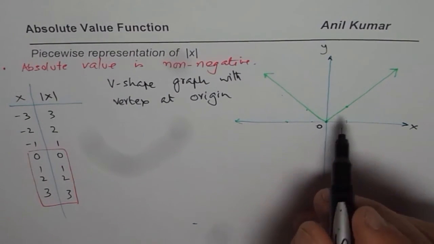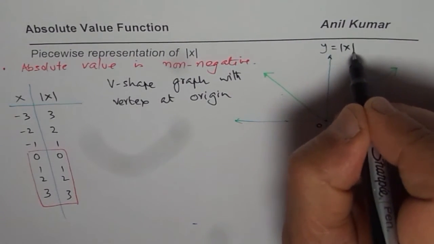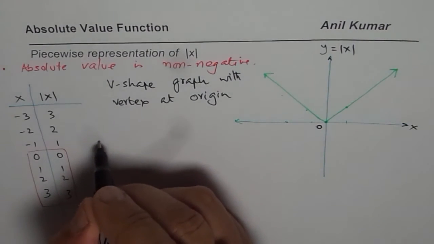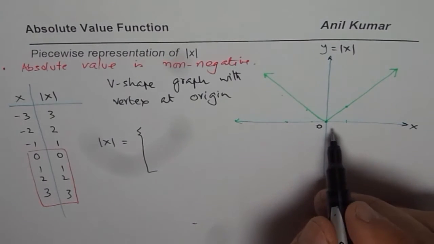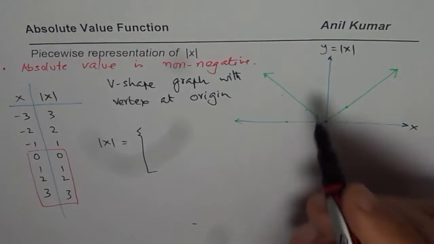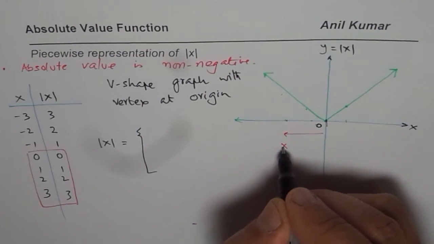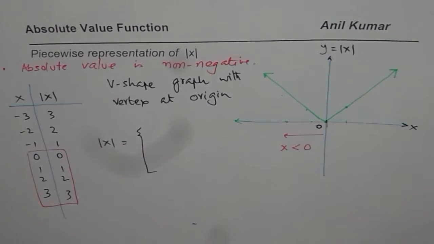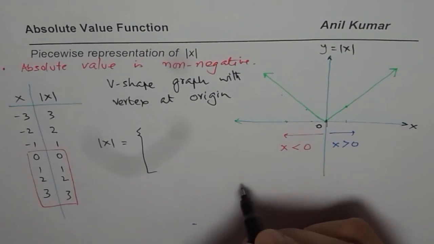Now we could actually write this particular function, y equals absolute x, in the form of piecewise functions, right? So let us do that now in this video. What we considered here is that it could be divided into two pieces, right? We have this half on the left side where x is less than 0, and a half on the right side where x is greater than 0.